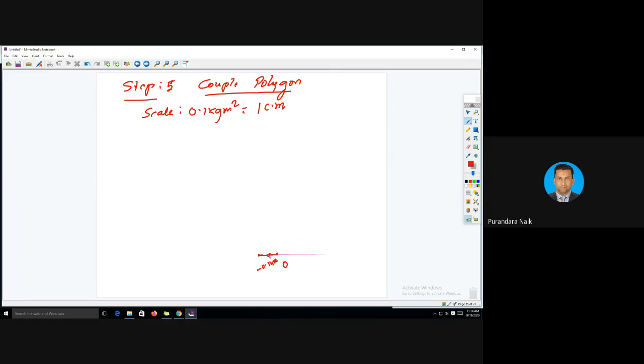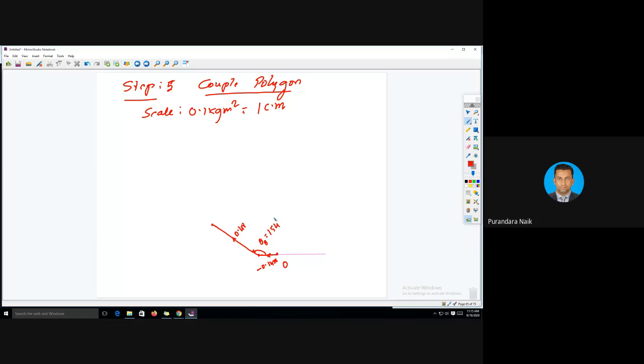So I will take 154 degrees with a length of 4.8. This is 4.8, and the angle theta B is equal to 154 degrees.